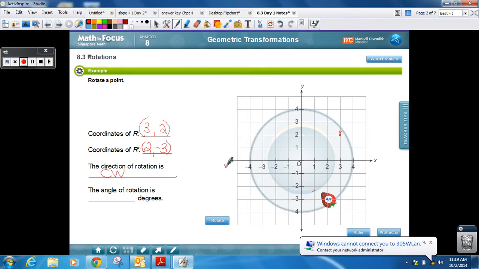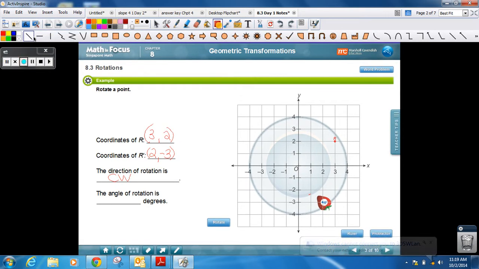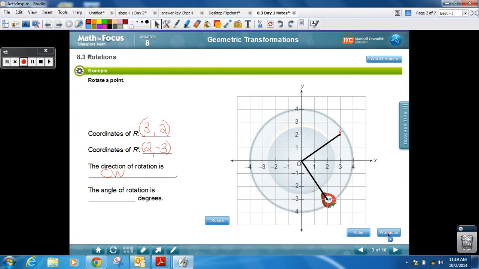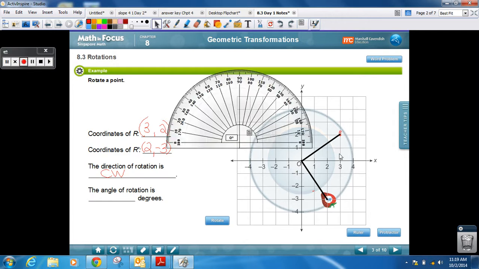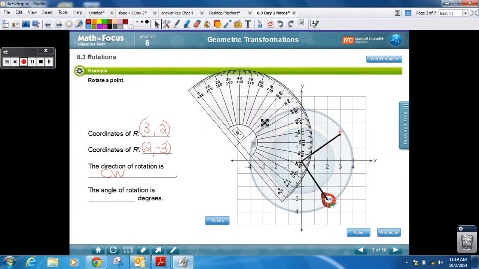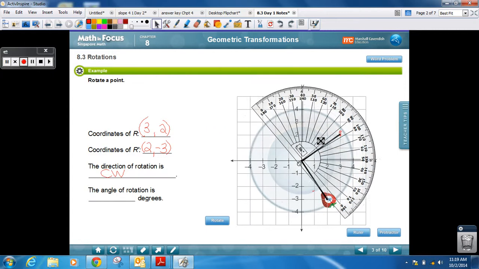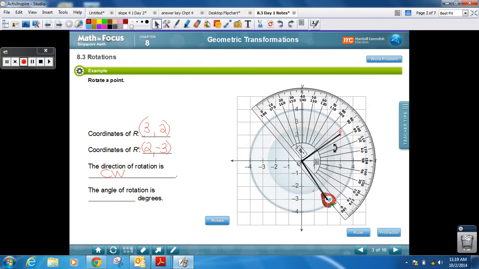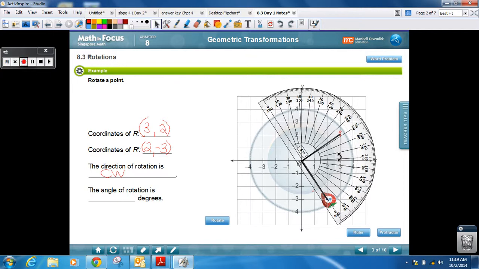And the angle of rotation, in order to get that, remember you have to connect the point to the center of rotation, which is rotating around O, to the image. You have to do it as accurately as possible, and then you measure your angle. So I'm going to go ahead and get this protractor lined up correctly. Put the center where it goes, lay that on the 0 line.